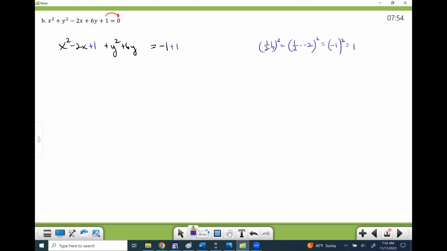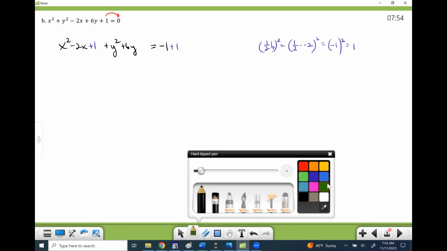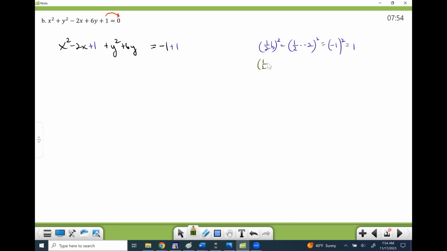Now we'll do the same thing, but this time with the b for the y term. Okay, so let's go ahead and take half of 6 this time. So half of 6 is going to get us 3. And 3 times 3 is going to be 9. So we're going to add +9 to one side of the equation and +9 to the other.